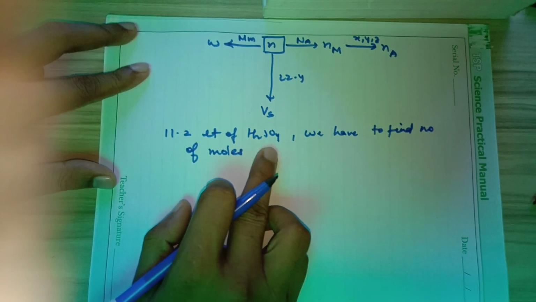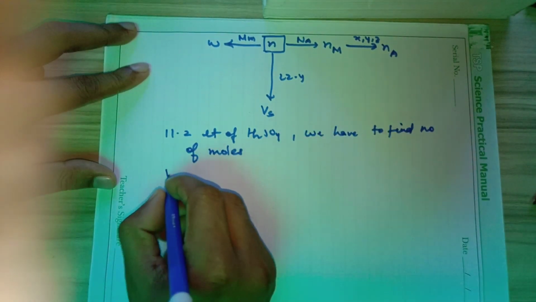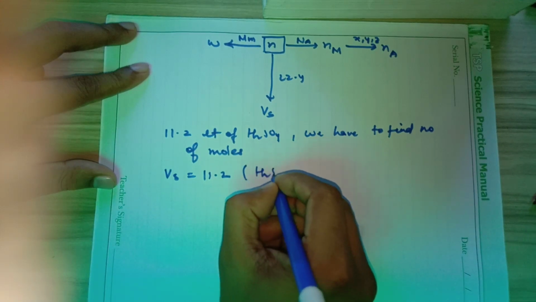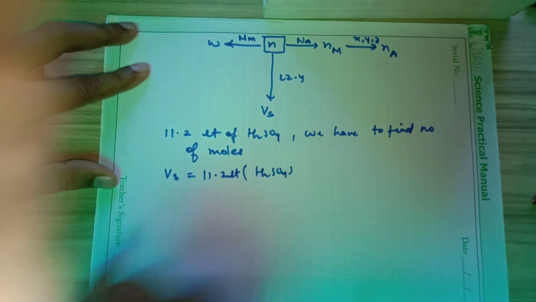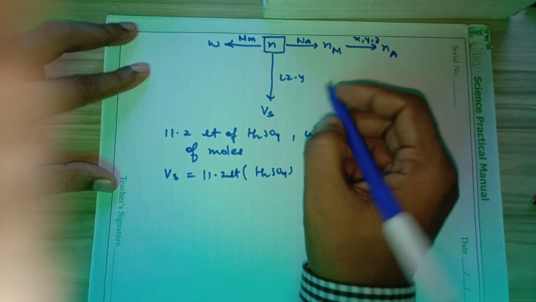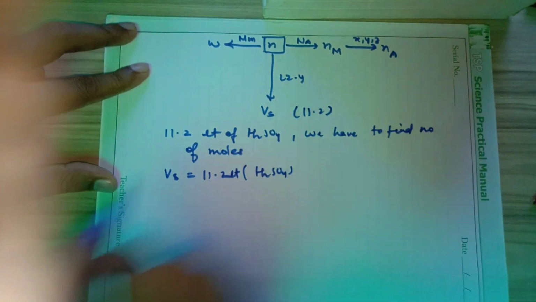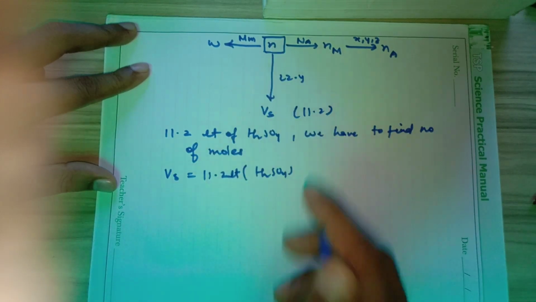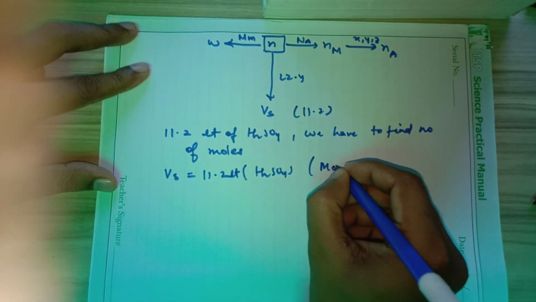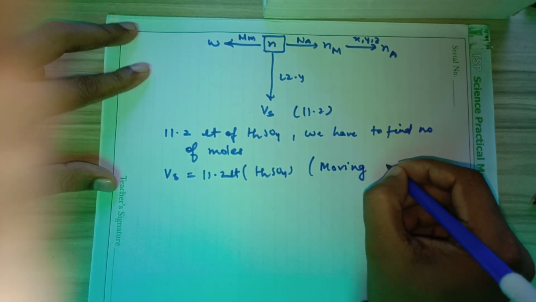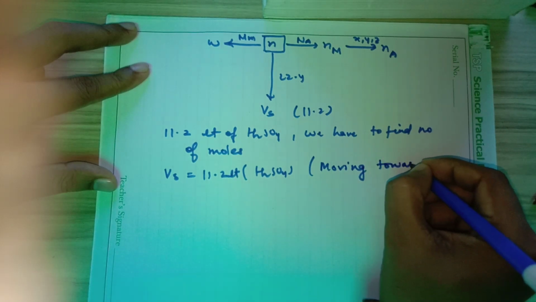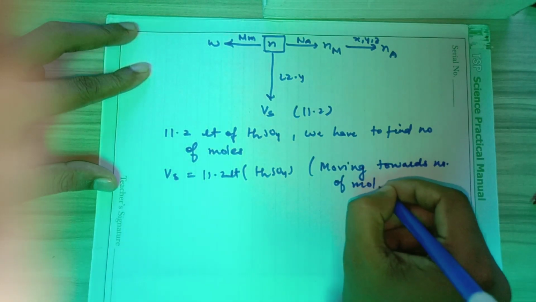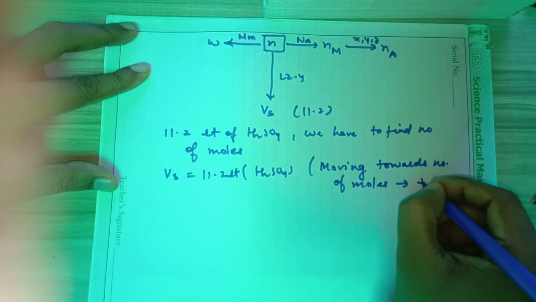Now the volume of substance is given as 11.2 liter, and that is of H2SO4. We have to find the number of moles, so we are moving towards the number of moles. Moving towards the number of moles means divide. Divide by what?